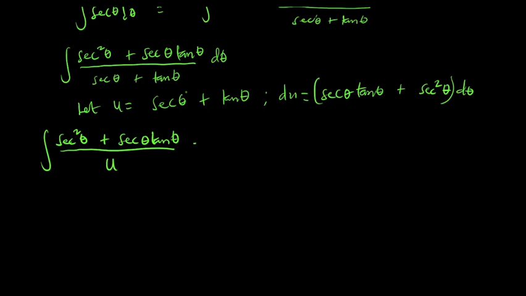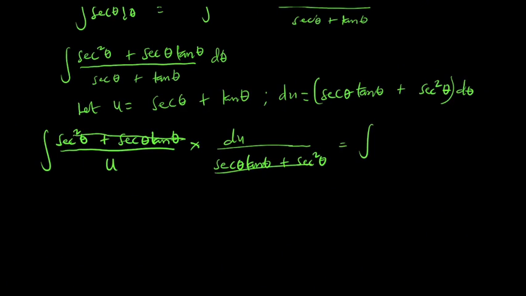We can say du over this equals d theta, so we multiply by du over sec theta tan theta plus sec squared theta, right? So this cancels this, and we have the integral of 1 over u du.